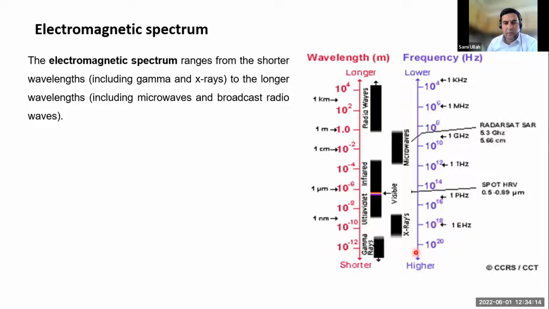The gamma rays have the higher frequency. This is a frequency chart, and this is wavelength. Gamma rays have the high frequency but the shortest wavelength in the entire electromagnetic spectrum. Coming to the upper part here, the radio waves have the higher wavelength but the lower frequency.